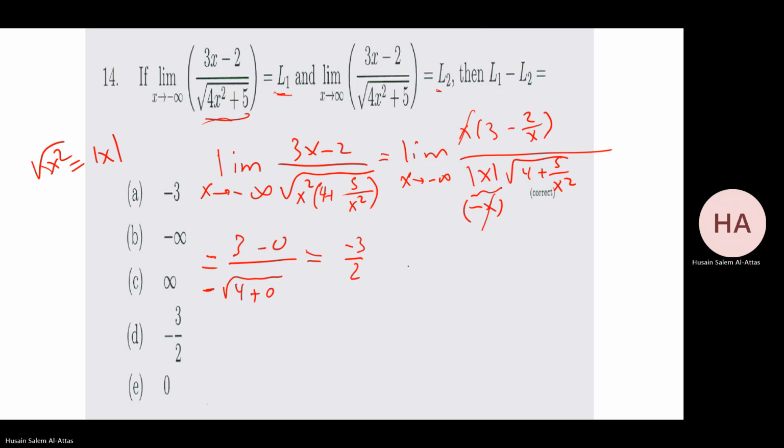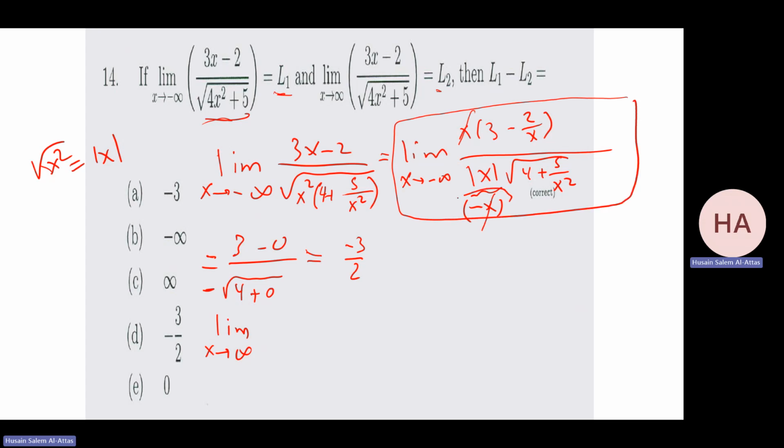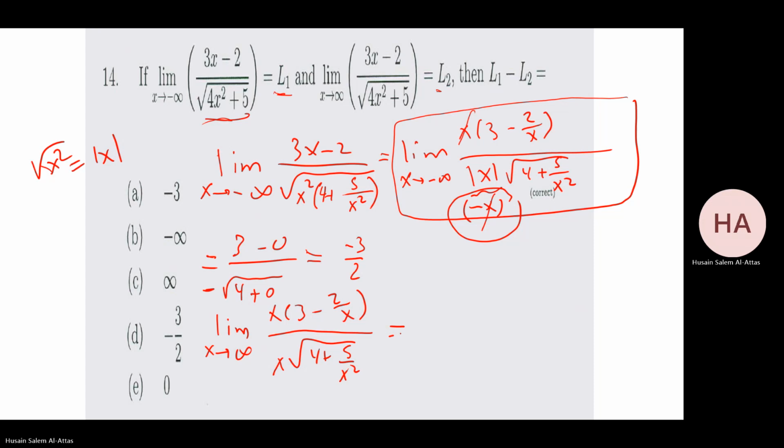Let me check now as x goes to infinity. I can start from this one. I did it for the same, but this will not be minus x, it will be plus x. So I have x times 3 minus 2 over x, over x times the square root of 4 plus 5 over x squared. Cancelled, substitute.